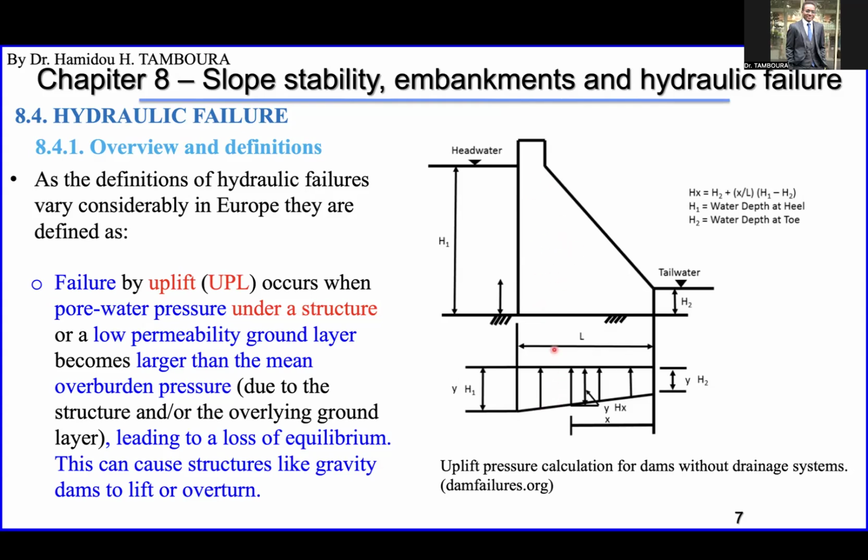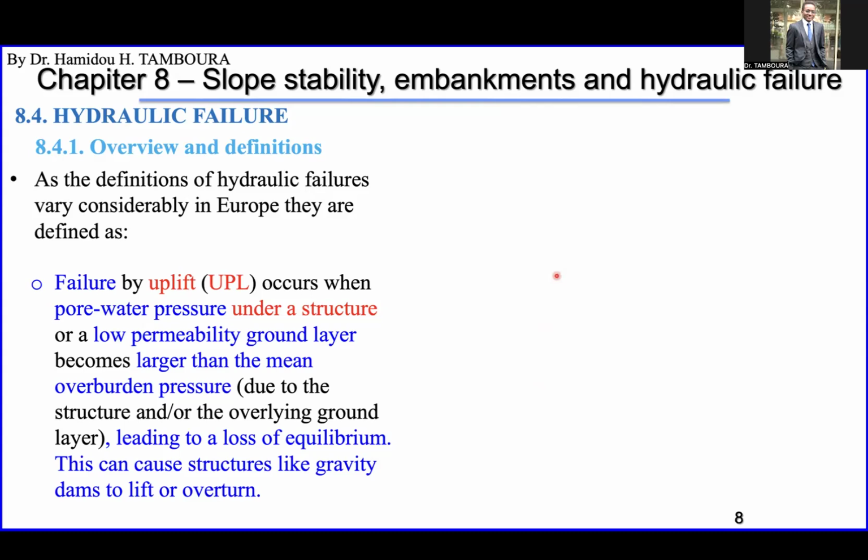So in that case, it will push up and destroy the dam completely. This water pressure applies when there is no drainage system under the dam, because sometimes, to reduce the pressure, we can put drainage in the dam.